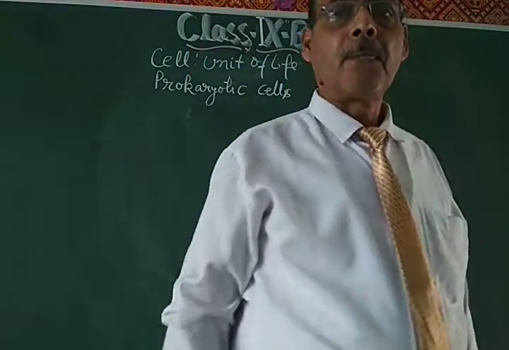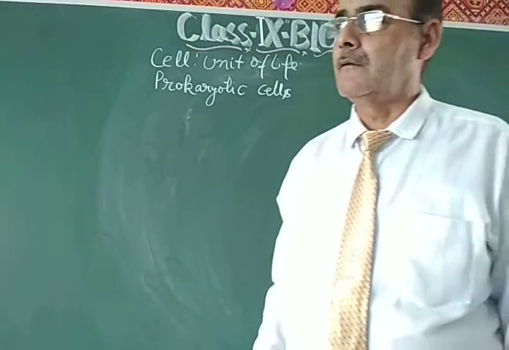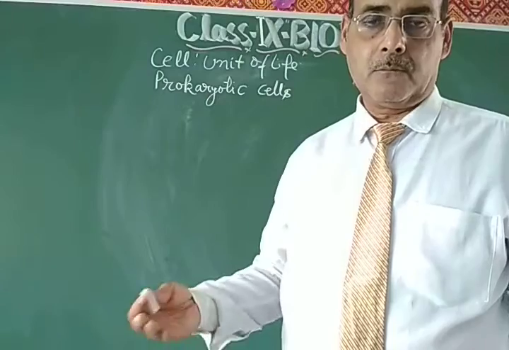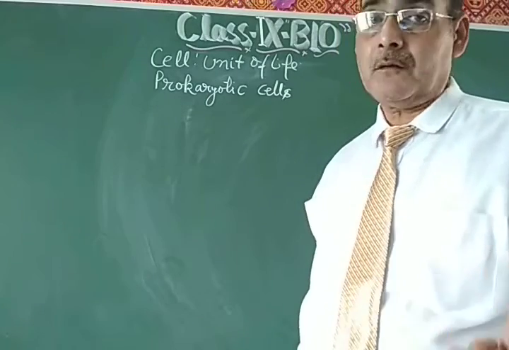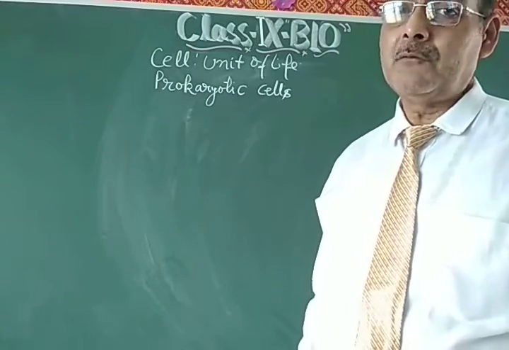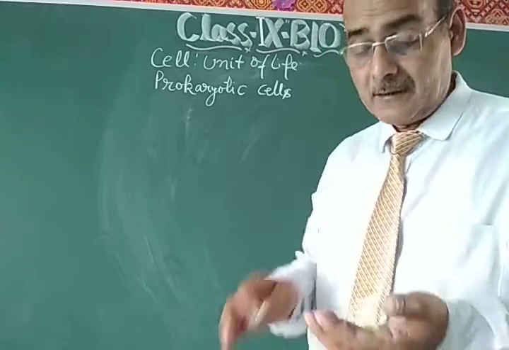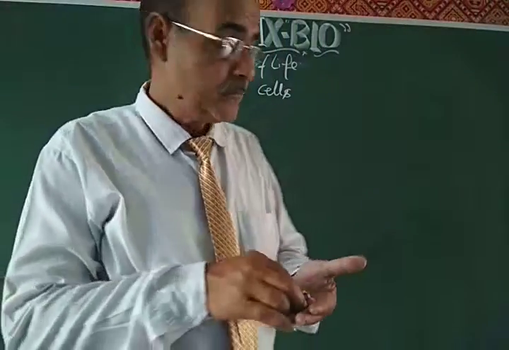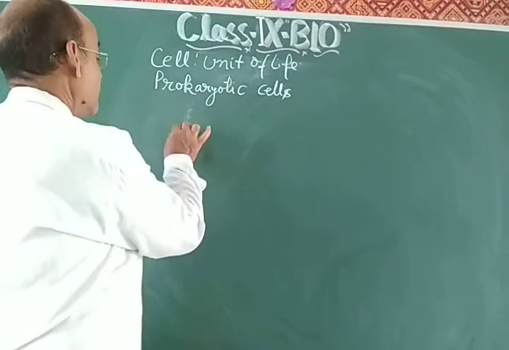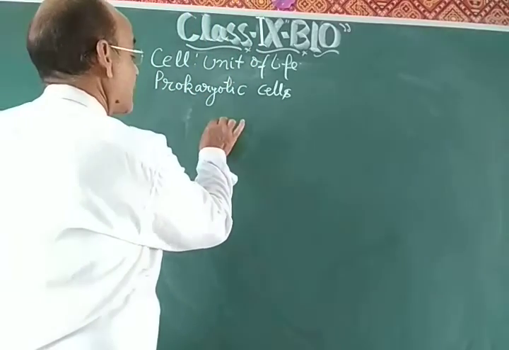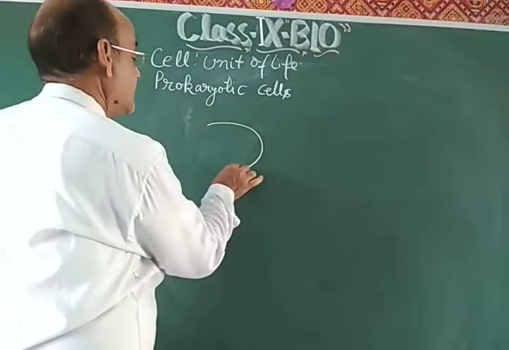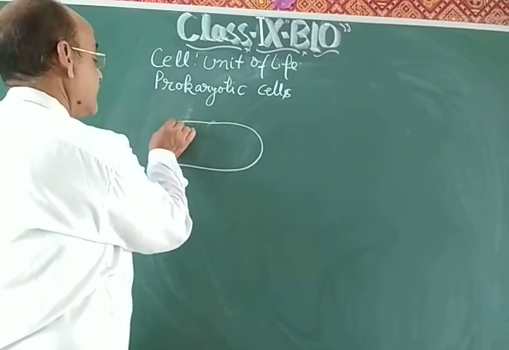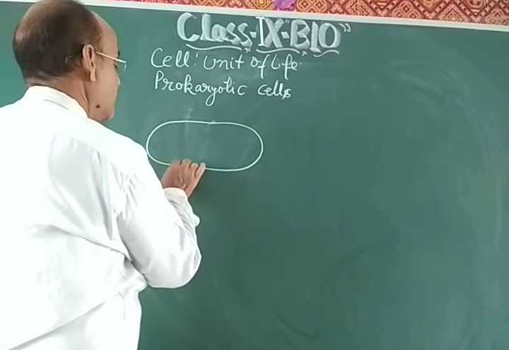In the beginning, during the origin of life, these cells evolved as a result of chemical evolution, as I have told you. You will see the structure of these cells: there is a capsule, and inside this capsule the complete cell content is enclosed.